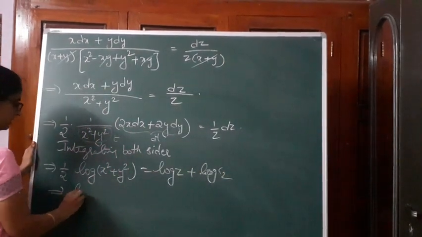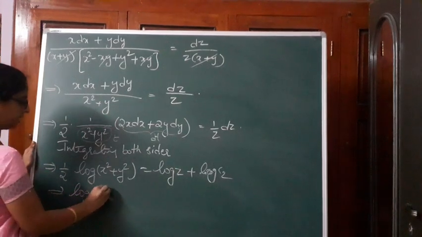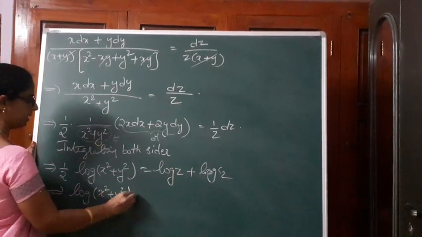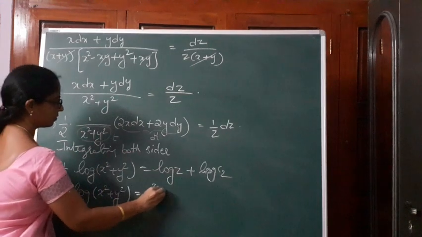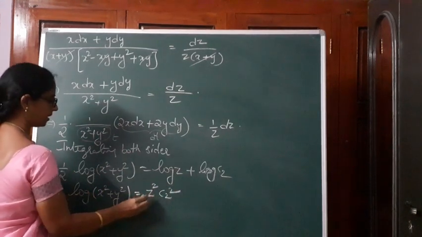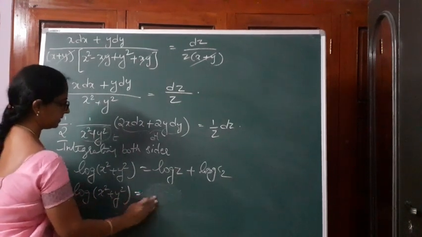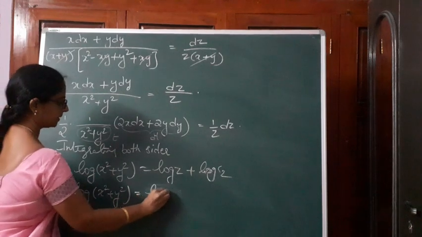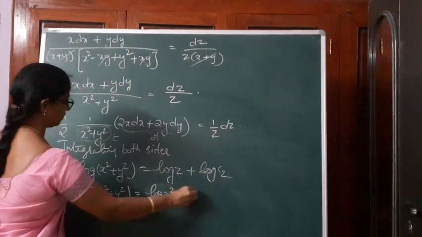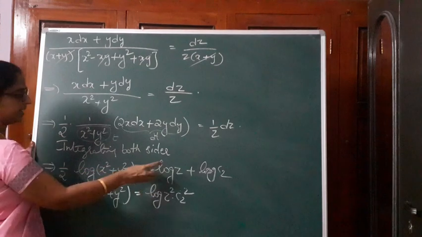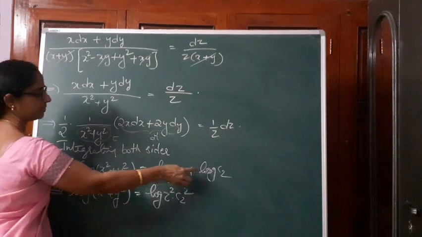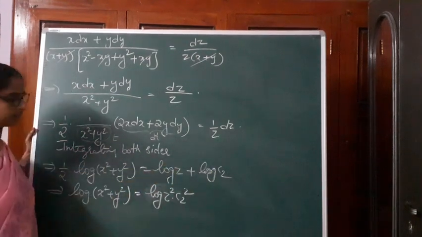This implies log of x square plus y square is equal to log of z square into c2 square, because this 2 goes to the right hand side. 2 log z is log z square, 2 log c2 is log c2 square.